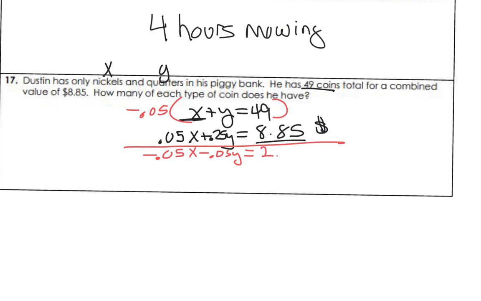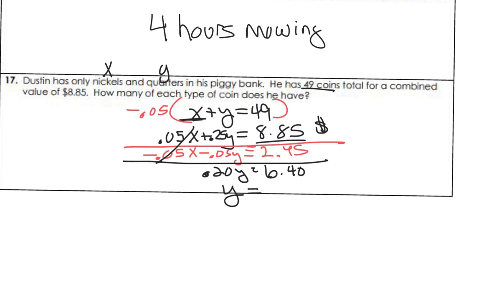It is 2.45, negative 2.45. So if I add those together, that eliminates x. 0.25 minus 0.05 is 0.20y. 8.85 minus 2.45 is 6.40. And then if I divide that by 0.20, then I'm going to get y equals 32.